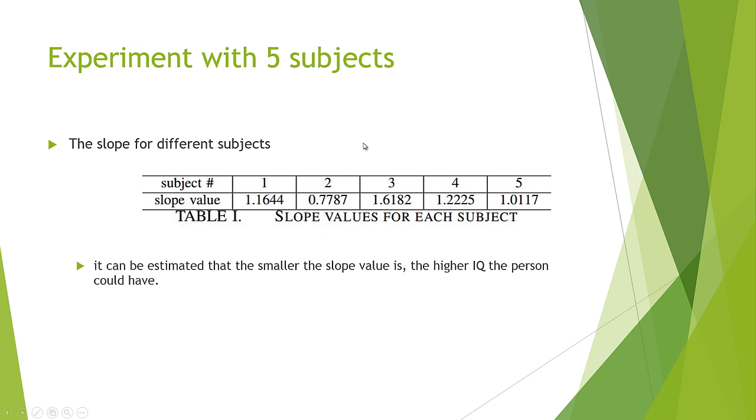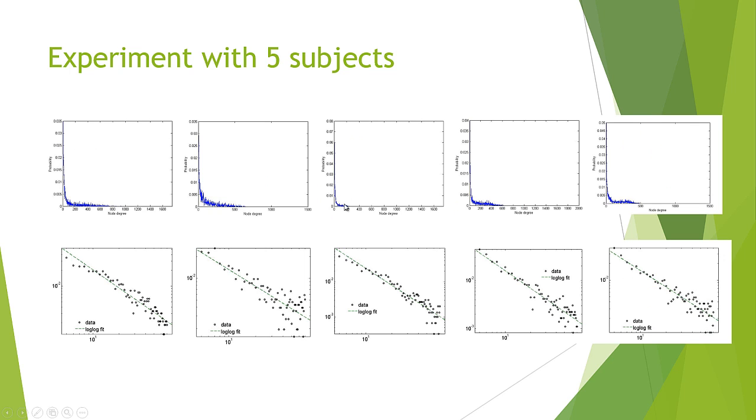What this means is, for subject 3, we can see from here that this curve just ends very early, while subject 2 has a very bushy ending, going past 500. This makes a lot of sense in terms of intelligence.